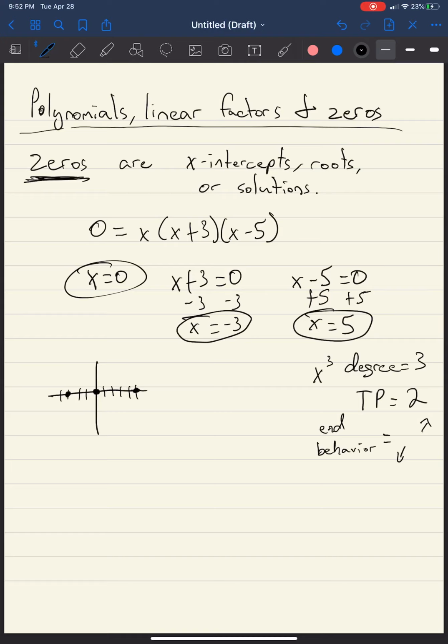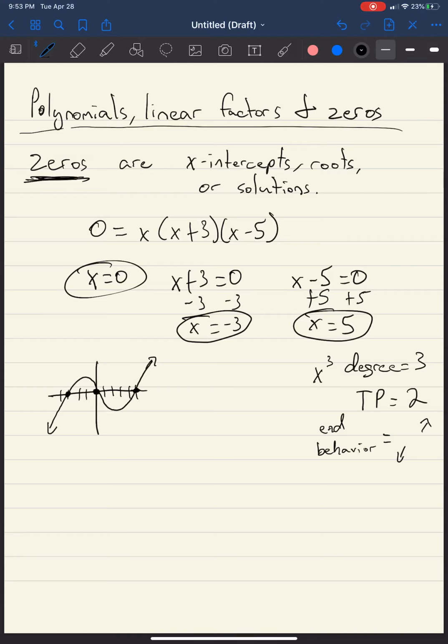When we get to our graph, this is just a sketch. It's not an exact science. We just want to get an idea. Based off of our info, my end behavior was down, up, and then it's going to go through, like this.